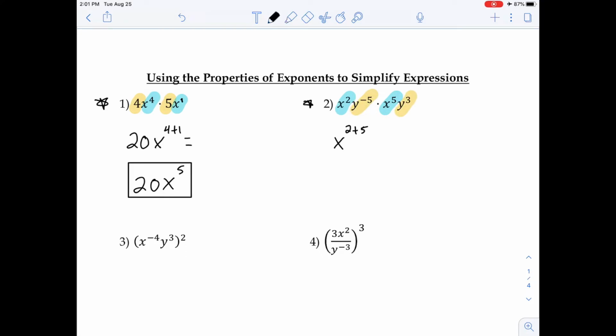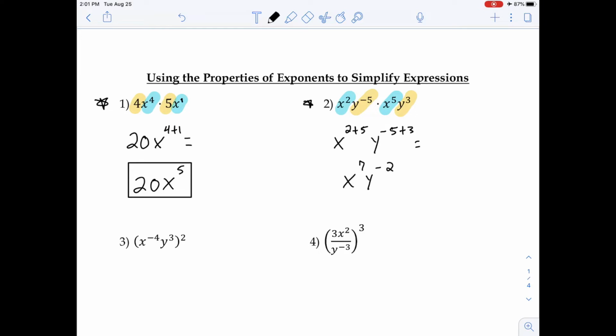Now, some students see this negative and they want to go ahead and flip that. And technically that's true, because with the negative exponent rule you could flip it. But I would go ahead and multiply these first, see what the result is. If it's still negative, then we can deal with flipping it. So this is going to be y to the negative 5 plus 3. So then this becomes x to the 7th, y to the negative 2.